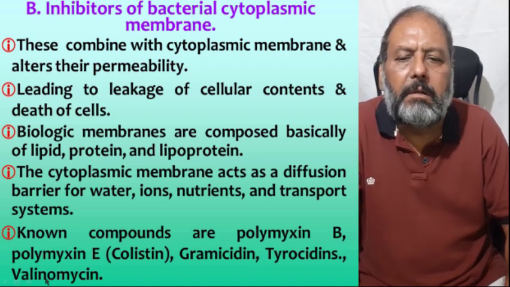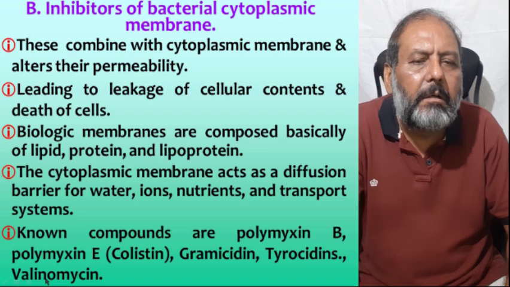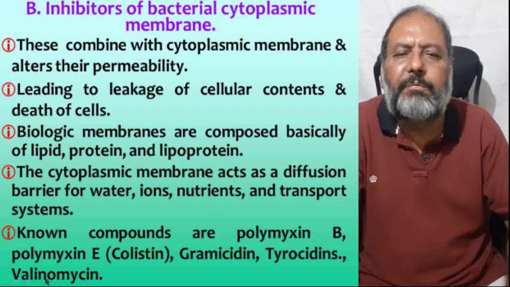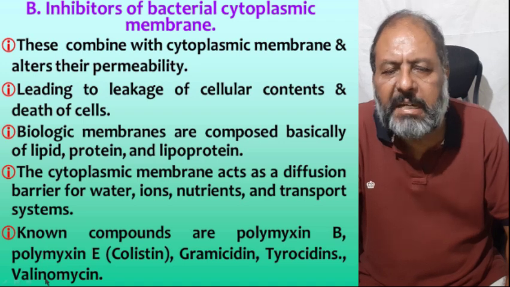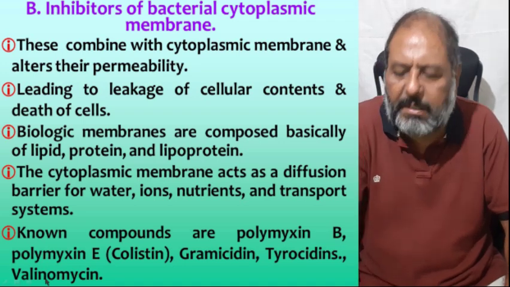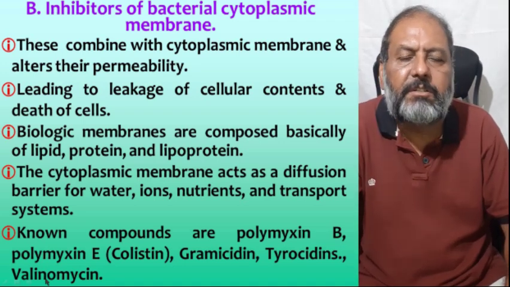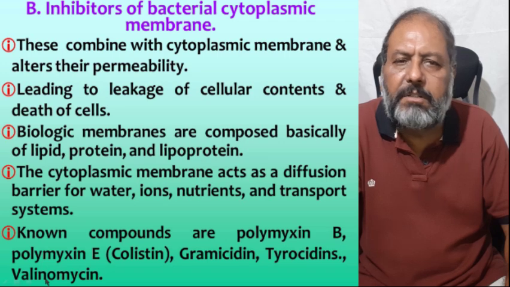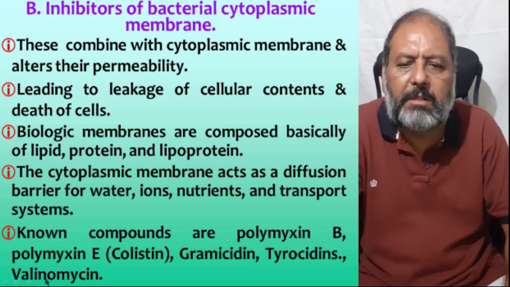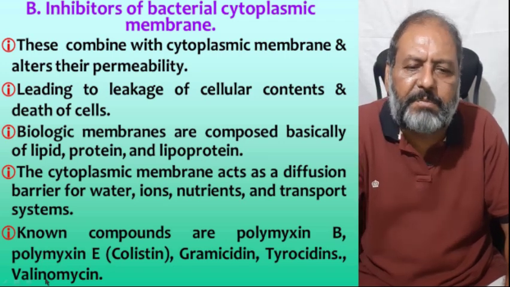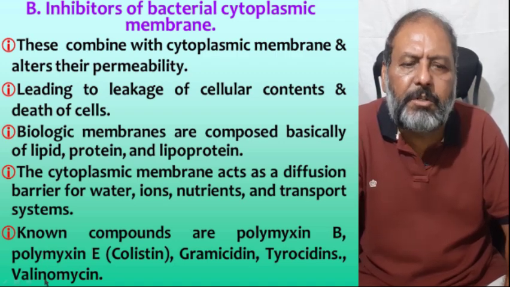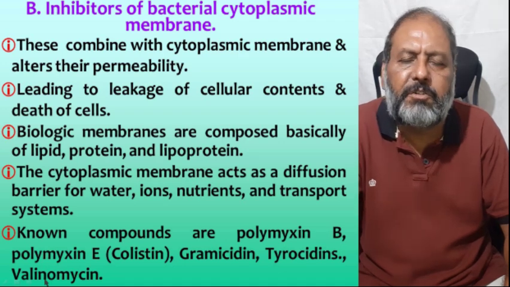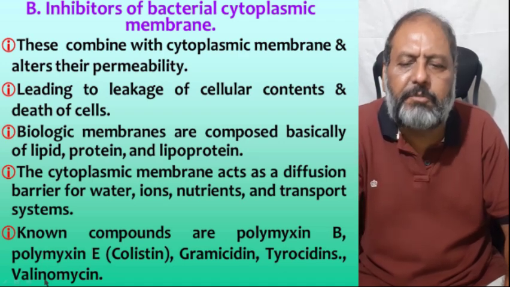Biological membranes are composed basically of lipids, proteins and lipoproteins, making the cytoplasmic membrane, which surrounds and safeguards the cytoplasmic contents. The cytoplasmic membrane also acts as a diffusion barrier for water, ions, nutrients, and as a transport system from inside to outside.